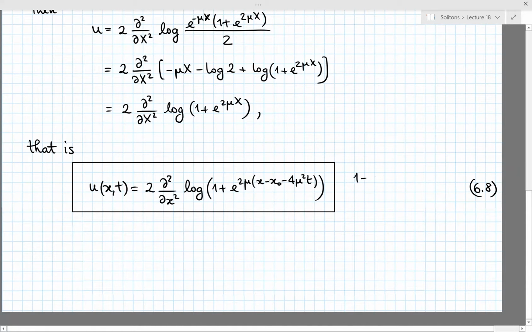And this is the form of the one soliton solution of KdV that we will use in the following.